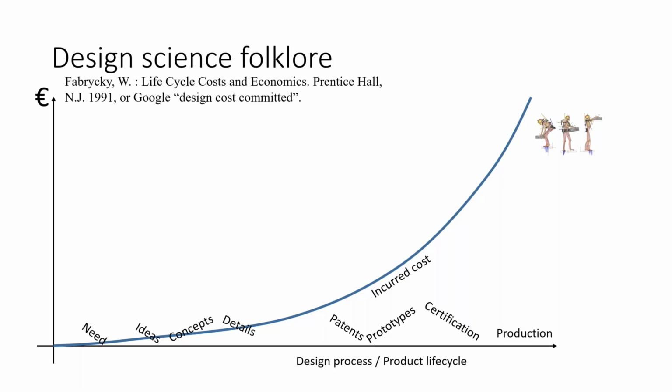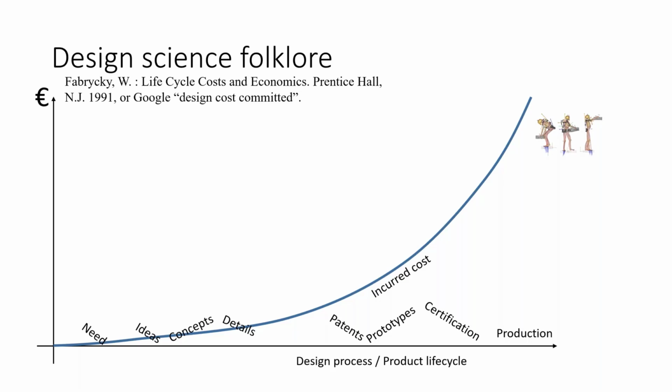Whereas things start to get really costly at the point where you begin thinking about production, and you need to start getting your production apparatus up and running, and you need to get other external people into the process in order to make things happen. So the incurred cost, the money that you actually pay, is not so much in the beginning, but it runs very quickly at the end.